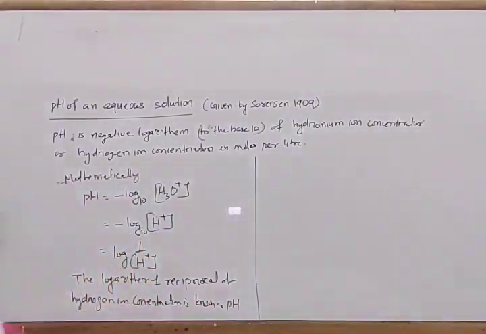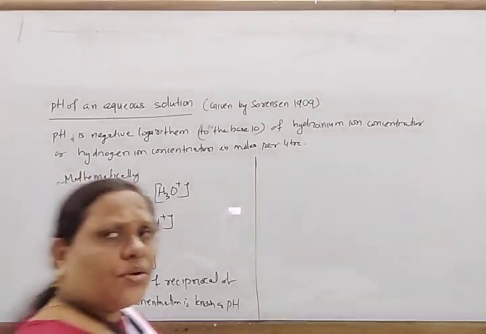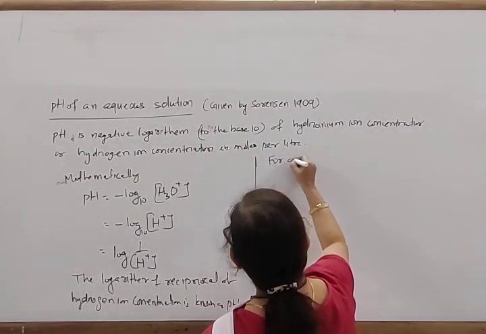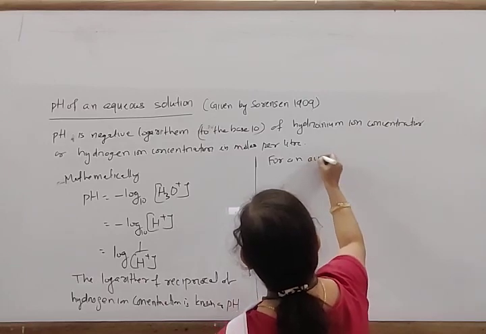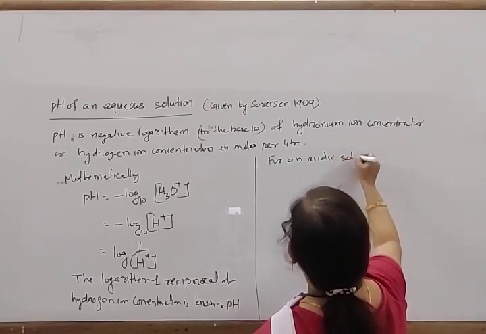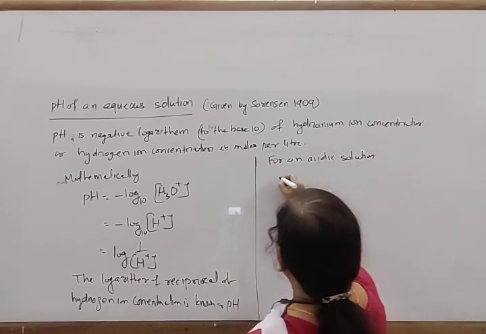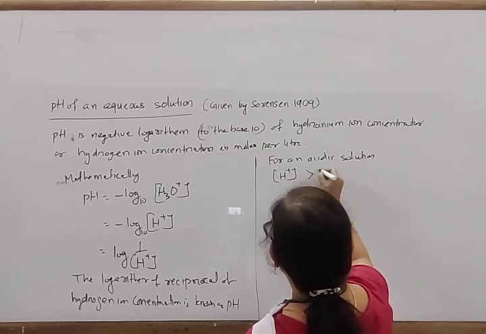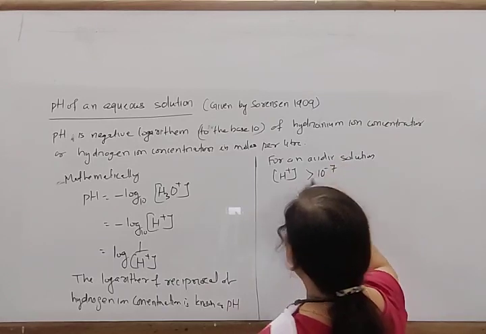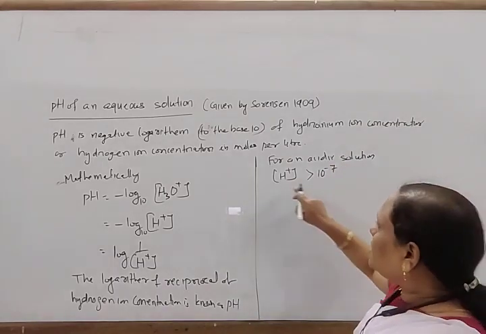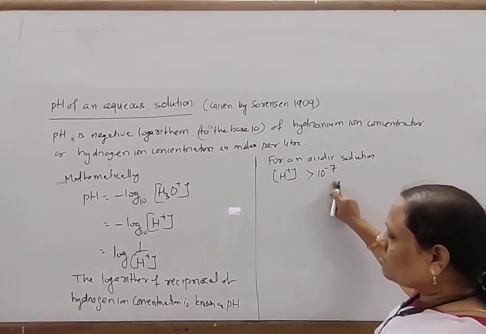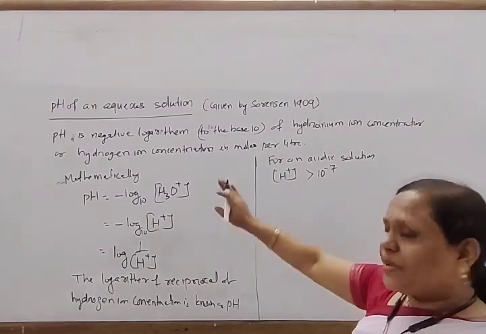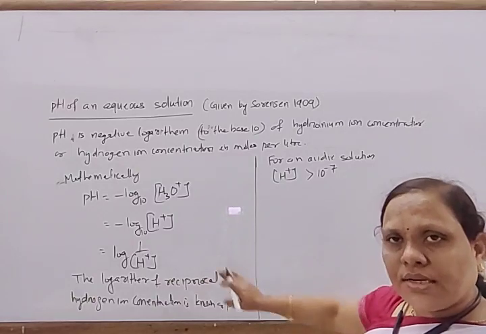For an acidic solution, this H+ ion concentration is greater than 10 to the power minus 7. Let us find out the value of pH for a neutral solution.